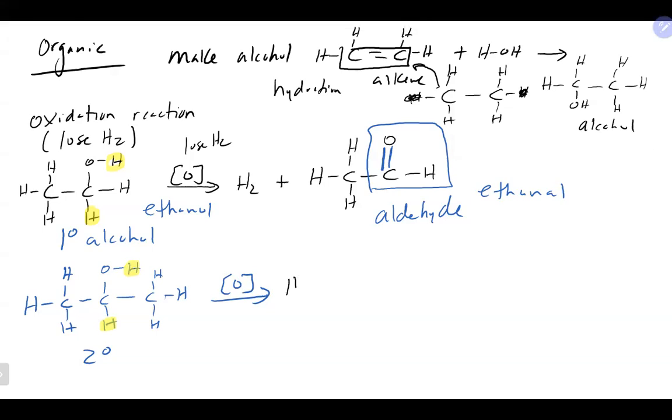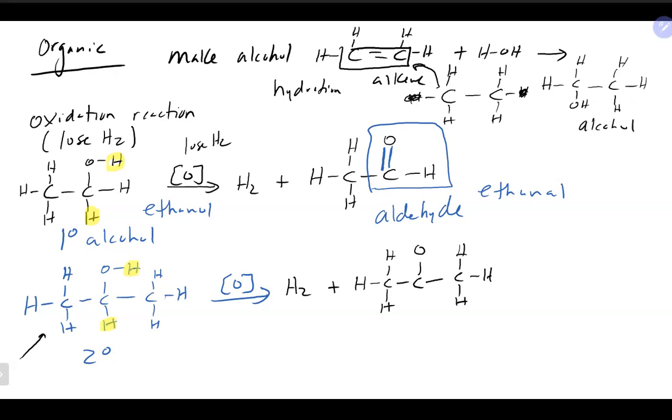We'll get H2. Once again, all we need to do is copy exactly what is there and just take out the hydrogens. So copying exactly the way it looks, H, carbon, H, C, O, C, H, and H. And just like we did on the top one where we took out the hydrogens, we're going to insert our double bond.